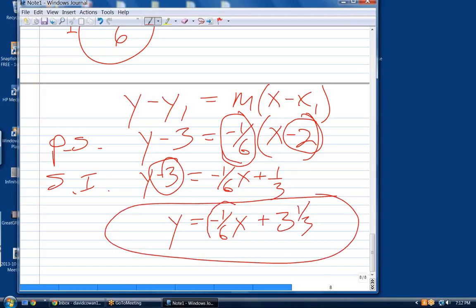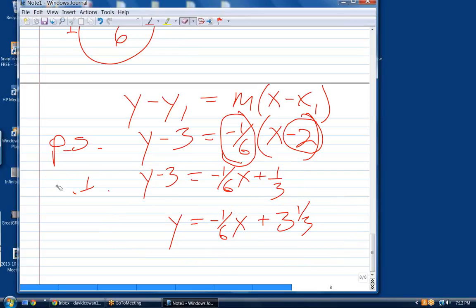Still there. All I did was add the 3 to this plus 1/3. So I took our equation that was in point-slope format, and I translated it to slope-intercept format by just solving for y.